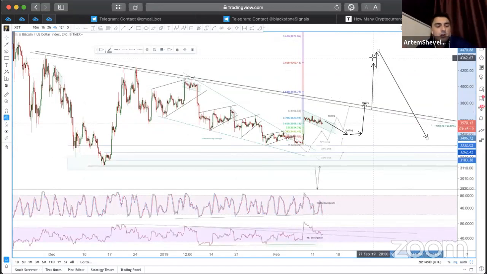And as you know, in the previous videos, Mike described a pretty similar thing. He called it a bull trap. Yes, it looks like a bull trap, and this action probably has a really big probability to happen.